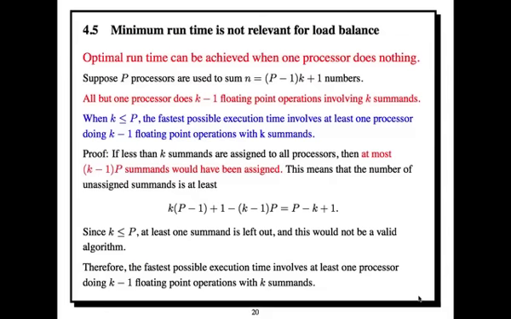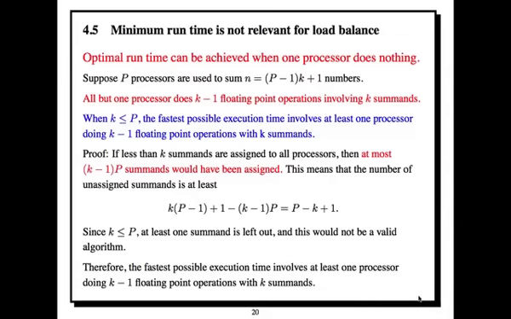The proof is very simple. You just think about how the summands have been assigned. If all the processors had less than k minus 1, then at most that many summands would have been assigned.